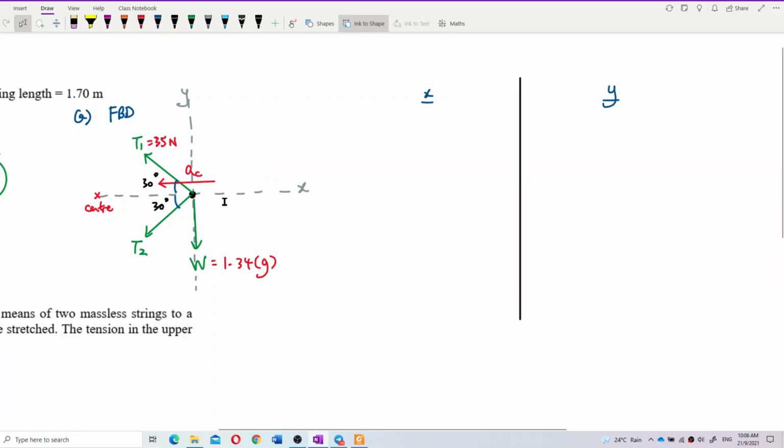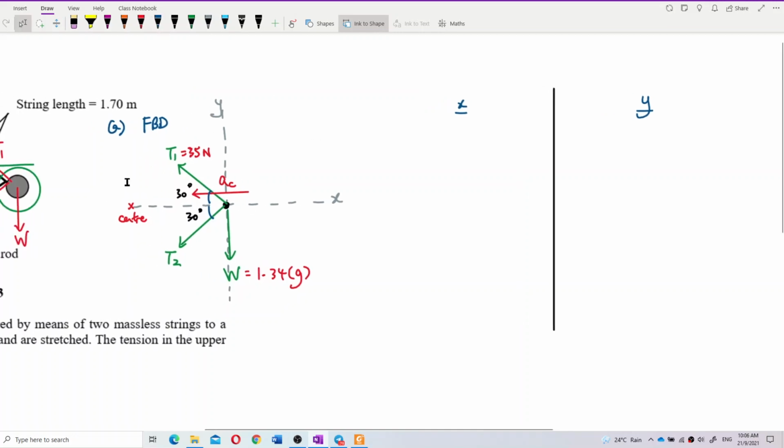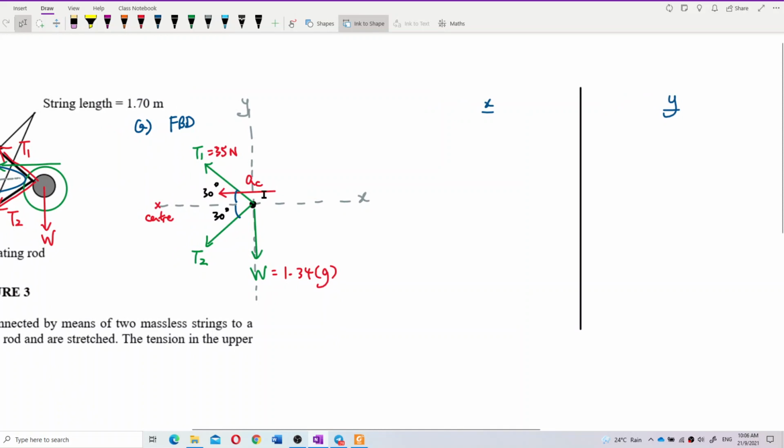Now what's the formula in the x component? Do you still remember? In the x component we have acceleration. When we have acceleration, we use Newton's second law: total Fx equals ma. This acceleration is special, it is centripetal acceleration, so it's ac.